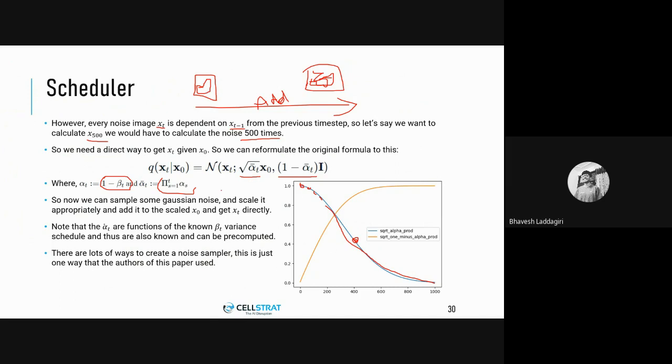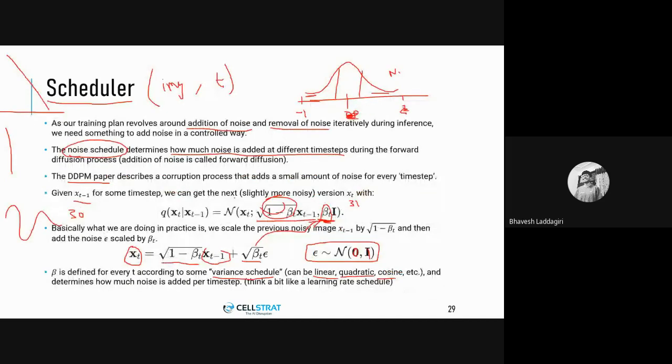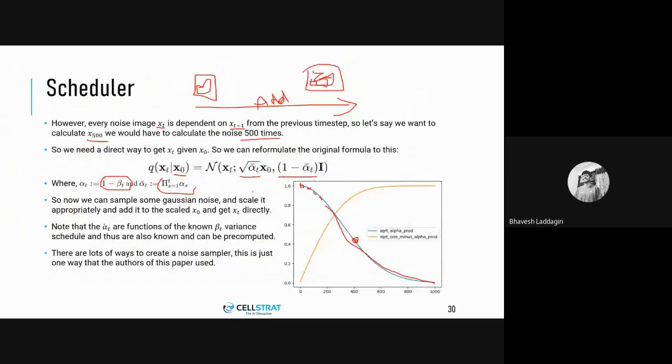We use that to reformulate the original formula so that we can directly take an image and calculate. We are not going to calculate all the 500 time steps. Let's say we want to achieve X 500. We don't need to calculate all the 500 time noisy images. We just have to calculate the 500th time step.